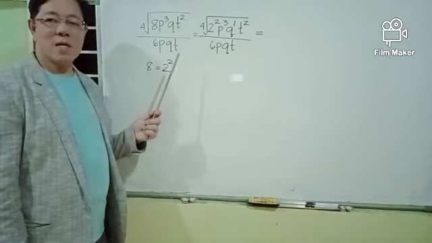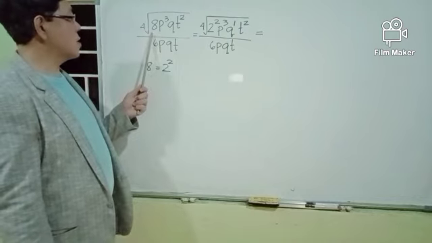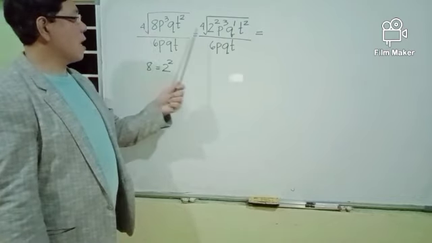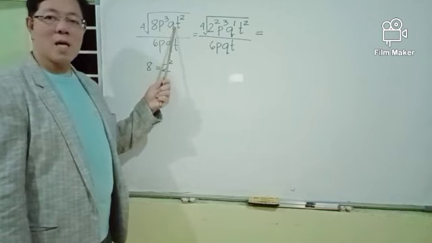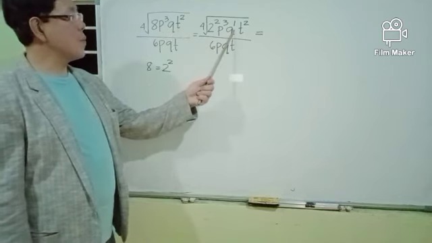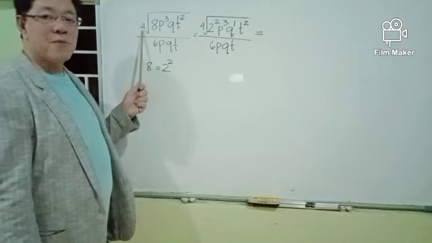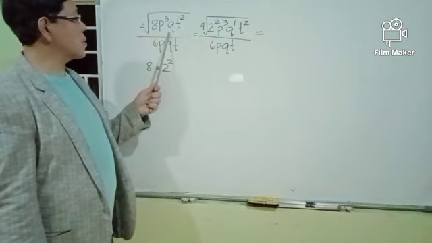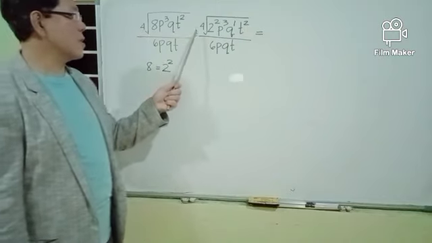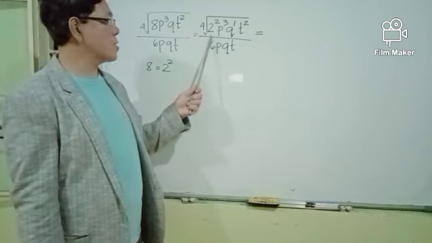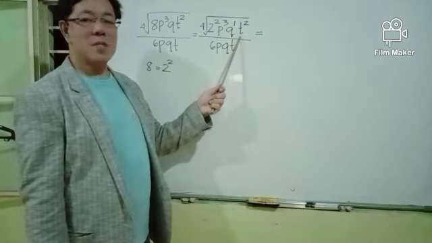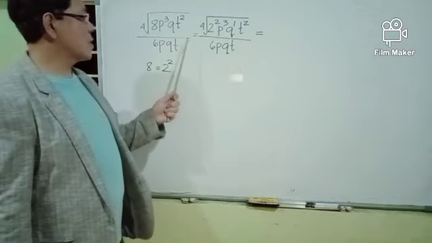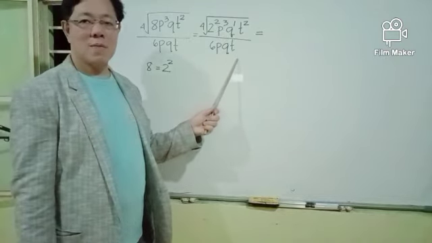I have rewritten the numerator by writing 8 as a power of 2, and I specified the exponent of q as 1. So the fourth root of 8p cubed times q times p squared is equal to the fourth root of 2 raised to some power, p cubed, q raised to 1, times p squared, over 6pqt.